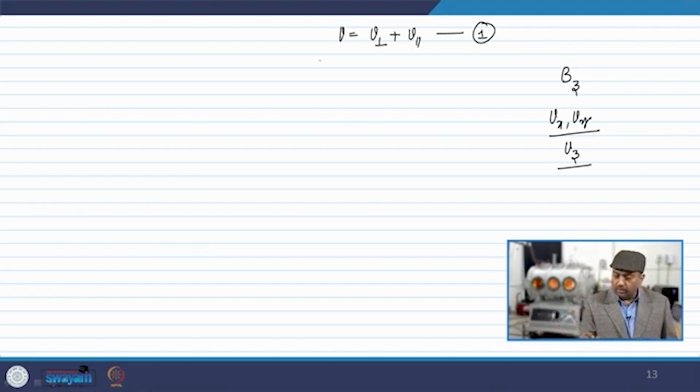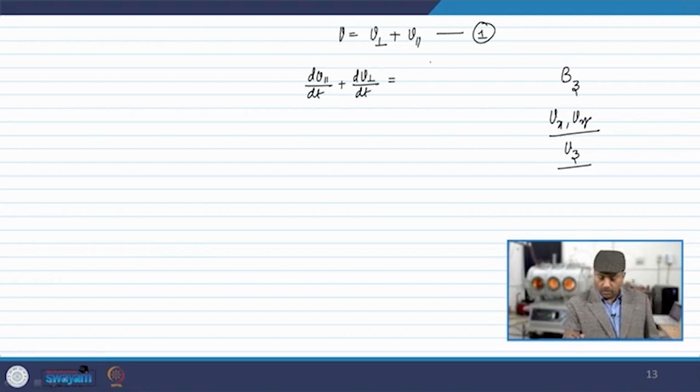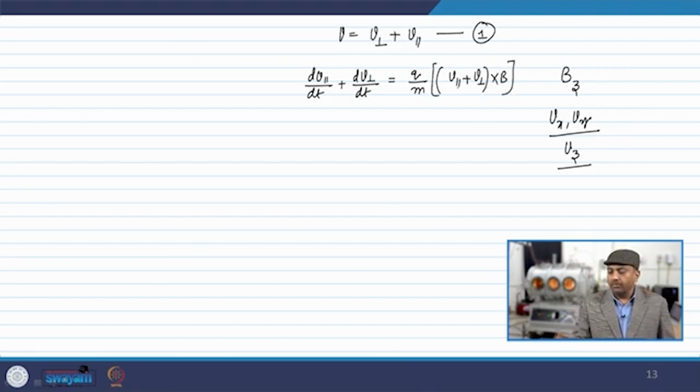So, we will write the modified expression: dv parallel by dt plus dv perpendicular by dt is equal to q by m times v parallel plus v perpendicular, cross b. Now, you have both these on taking the cross product with b, right. So, we can say that v parallel cross b is 0.